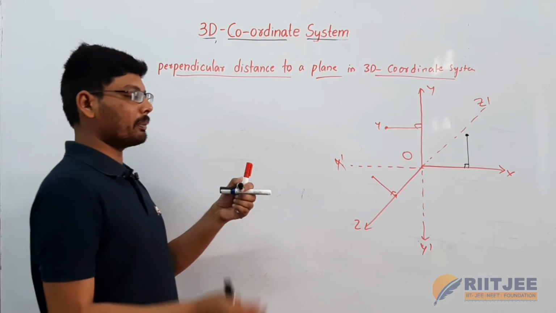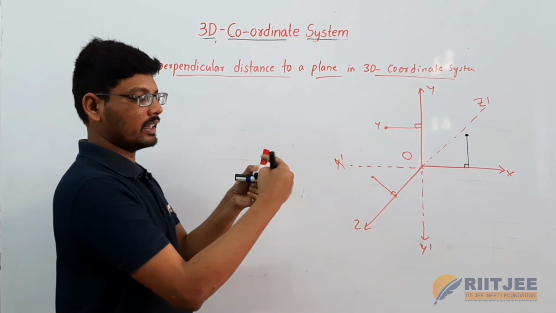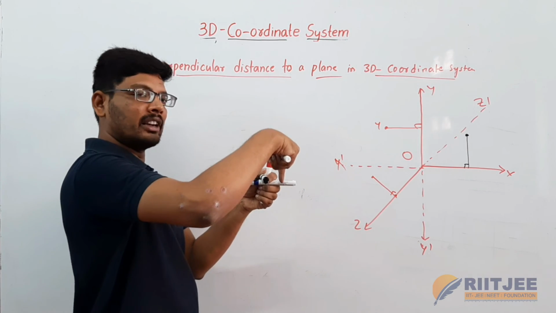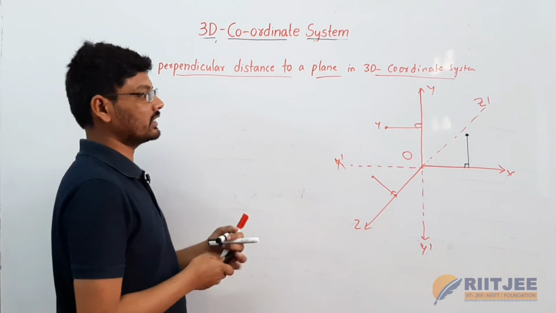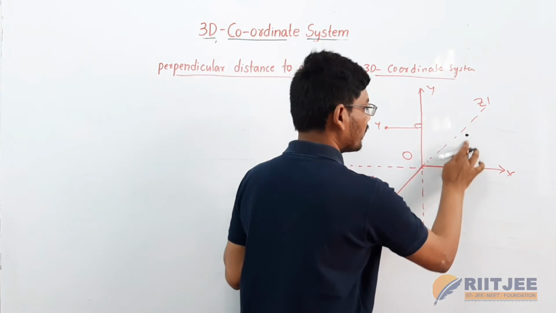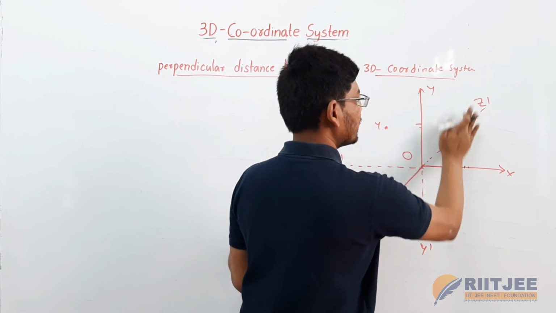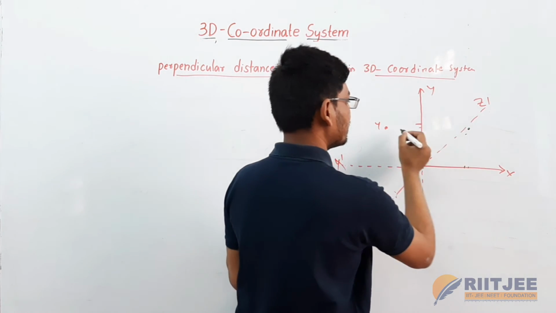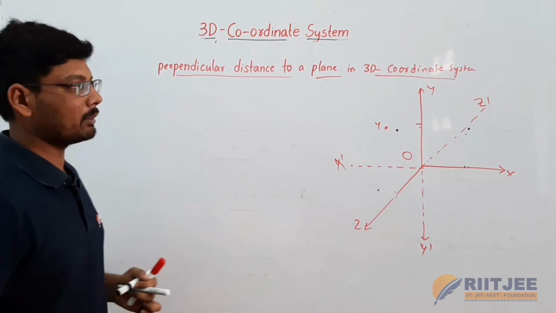Here, in this case, it is perpendicular to a plane, this plane and this plane and this plane, not to a line. This is a complete plane. This is one plane, this is another plane, and we have several planes here.